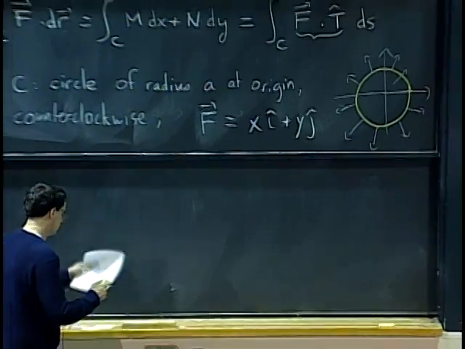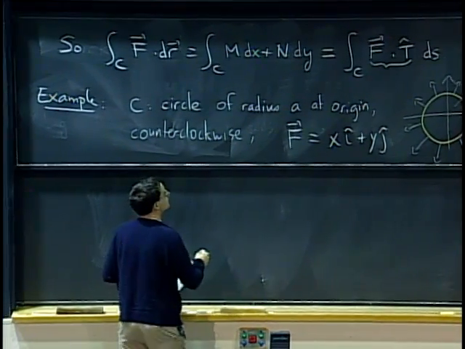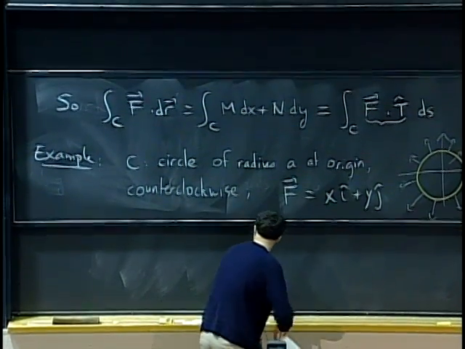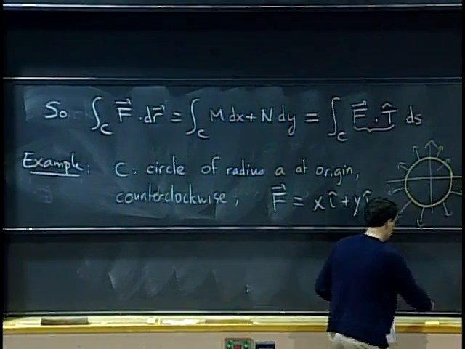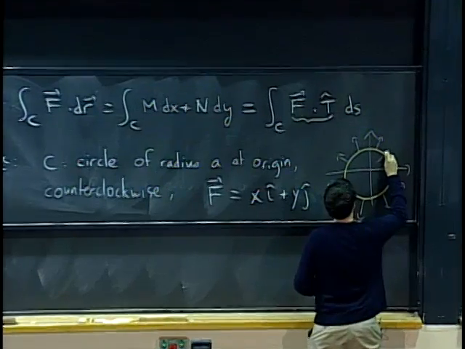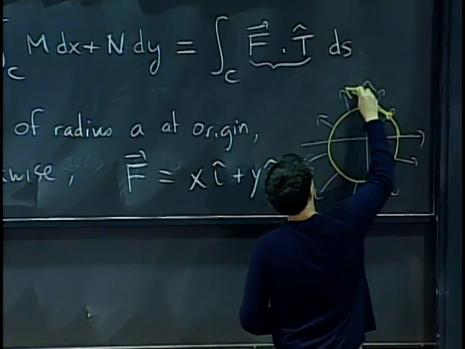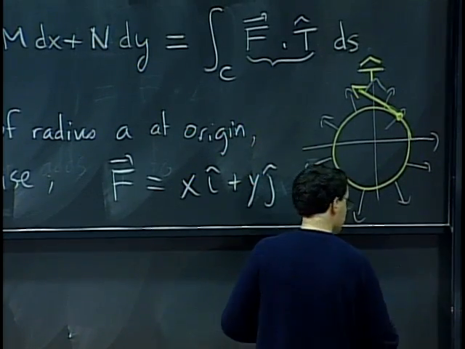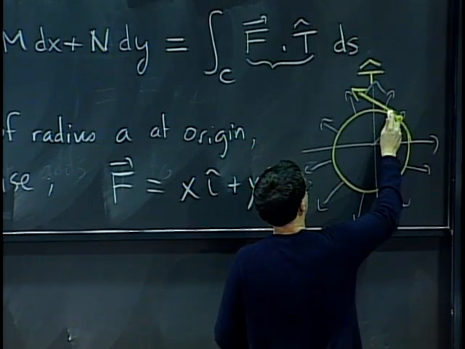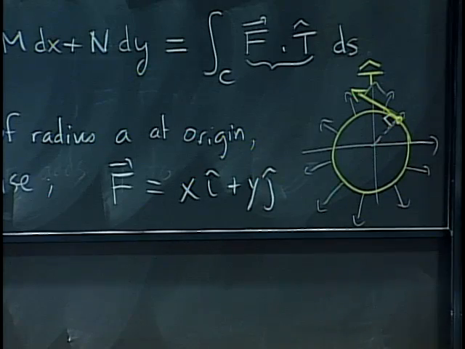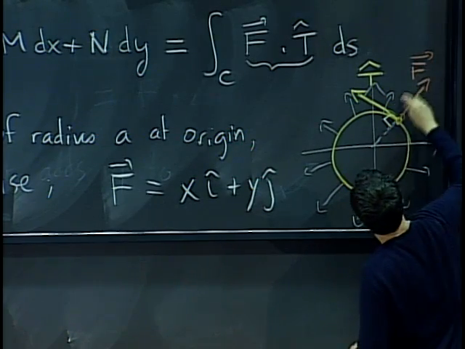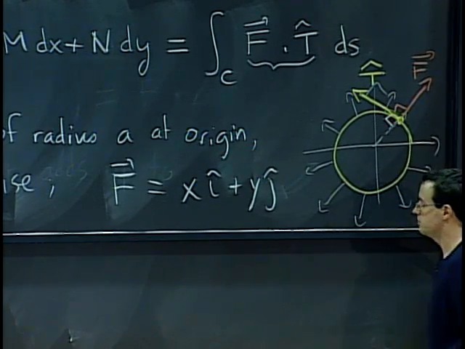Now we can say it directly by saying, well, if you have any point of a circle, then the tangent vector to the circle is tangent to the circle, so that means it's perpendicular to the radial direction, while the force is pointing in the radial direction, so you have a right angle between them.